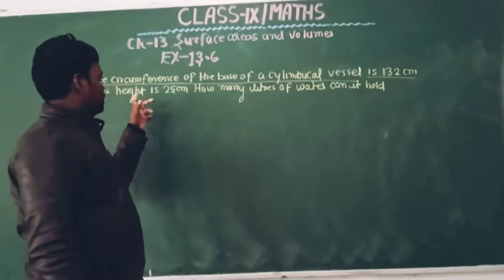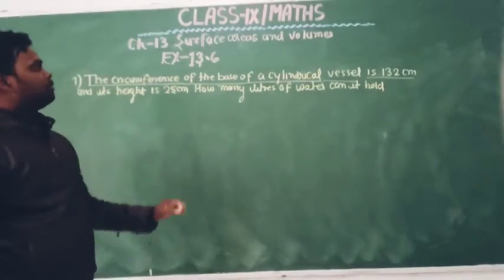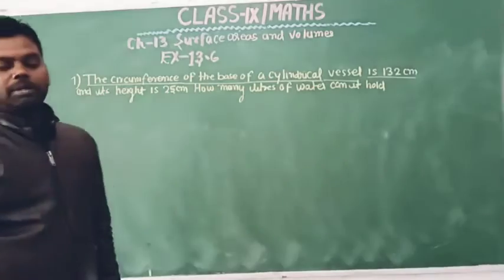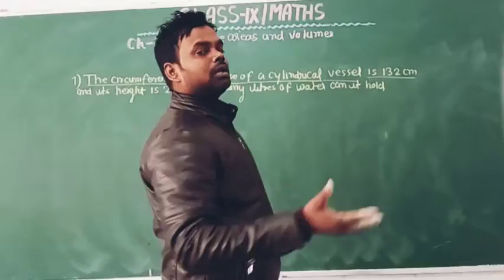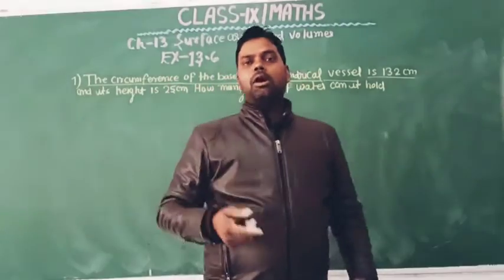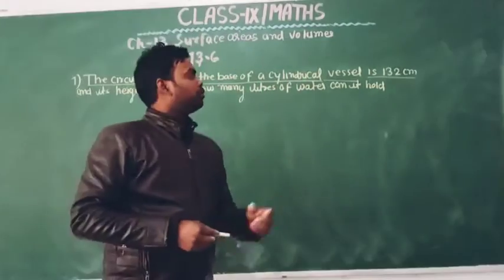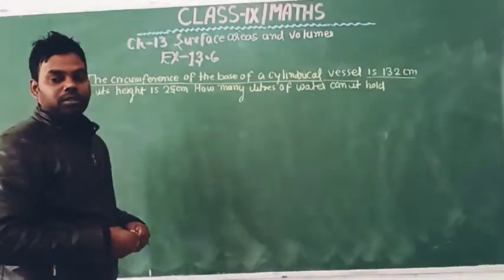So the circumference of the base of the cylindrical vessel is given. As we know, the base of a cylindrical vessel is in the form of a circle, so 2 pi r is given.